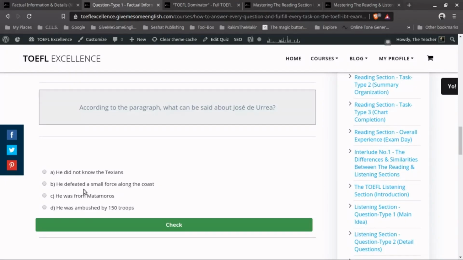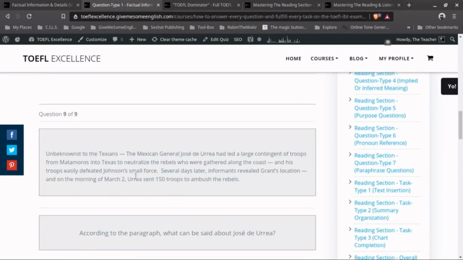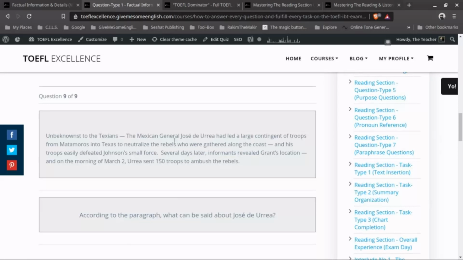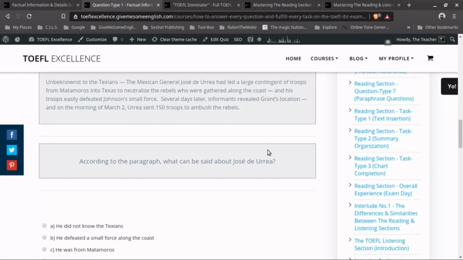He defeated a small force along the coast. Let's see. Oh, there he is. That's him. Along the coast. Along the coast. Wait, what does it say there? Okay, so here it says he defeated a small force along the coast. Mexican General Jose led a large contingent of troops from Matamoros, Texan, neutralize the rebels who were gathered along the coast.